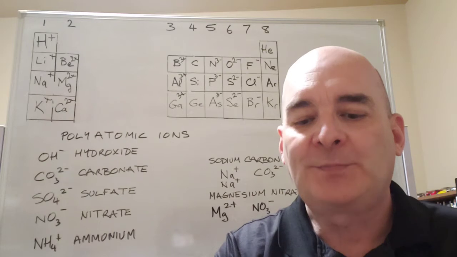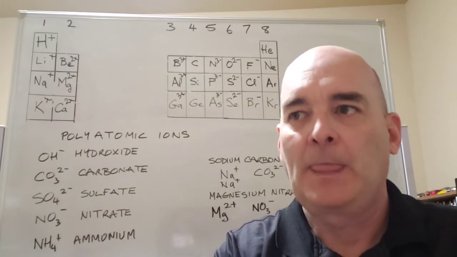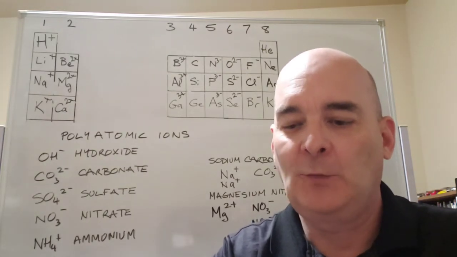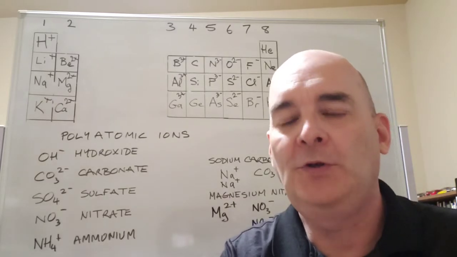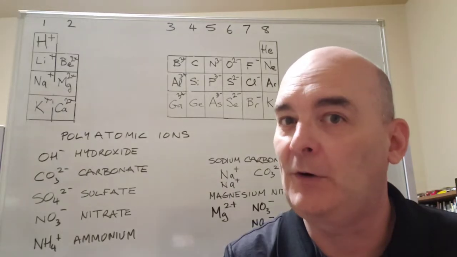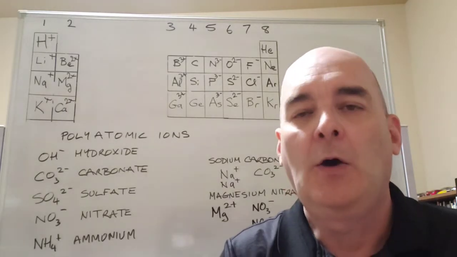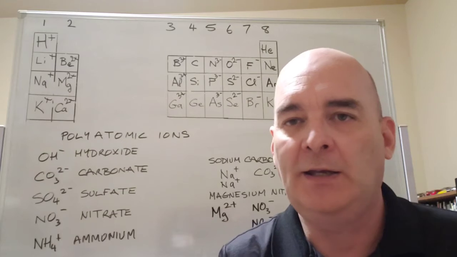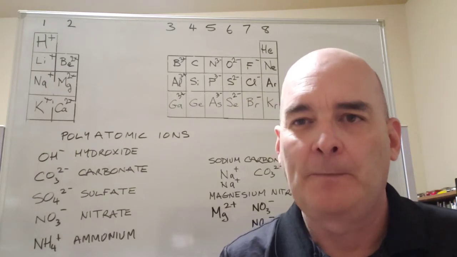And we will specifically name which type of ion we're looking for with a Roman numeral after its name. So we would say iron(II) chloride, FeCl2, or iron(III) chloride, FeCl3.